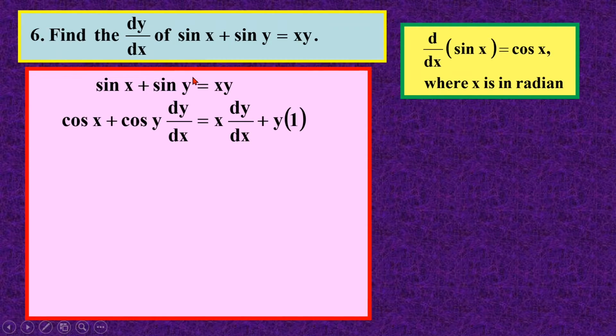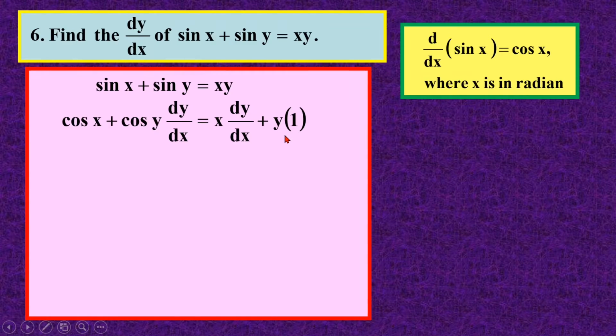Differentiate sine y is the same formula, we will get cos y. But because we are differentiating y, therefore I will get dy/dx here. Then I will copy u, differentiate v, which is my y, dy over dx. Then I copy my y, the v, and then I differentiate u, which is 1, so I write that. That is the product rule.